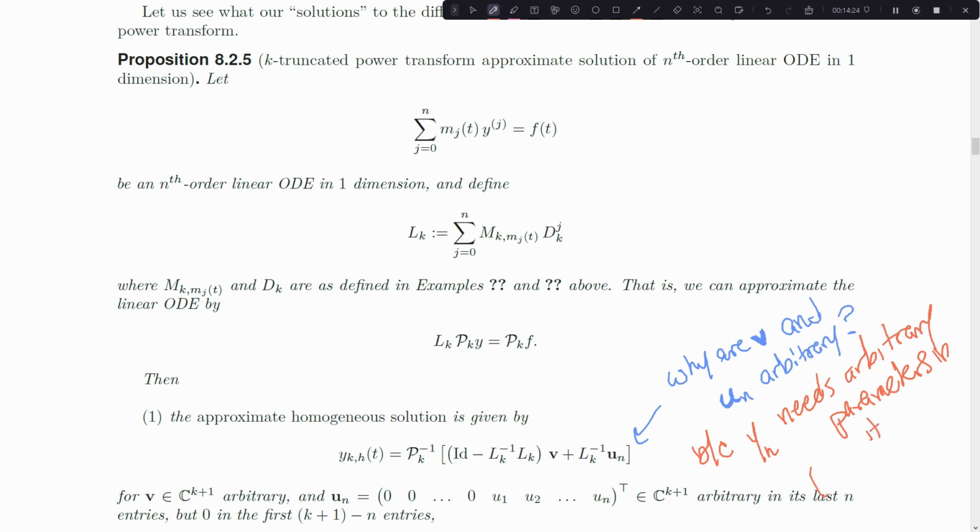These are my C1, C2, etc. for higher orders. When you construct the homogeneous solution, you've done this already for these classical differential equations that you found out how to solve. You were putting C1 and C2 in your answers, and so these have to show up somehow if we're approximating it, and this is how they show up. They show up right here by choosing arbitrary v and arbitrary u n.